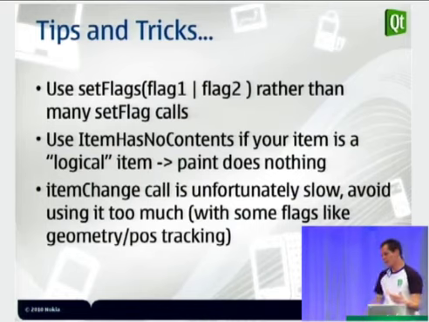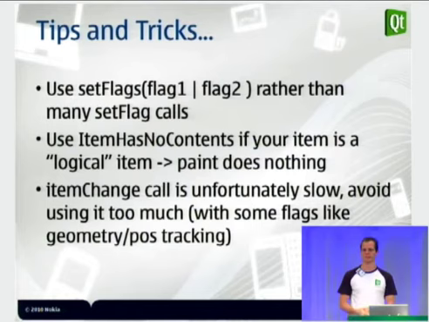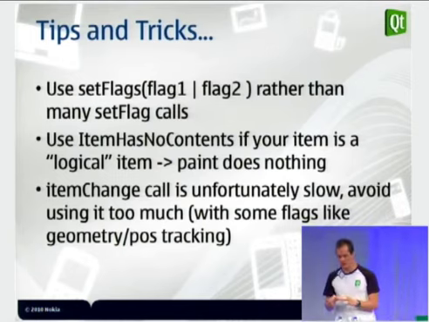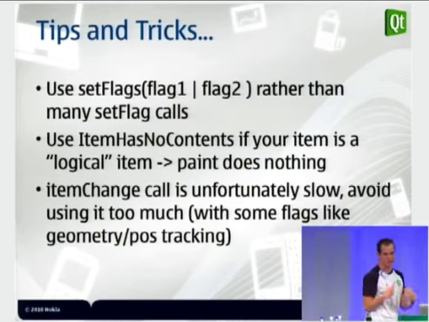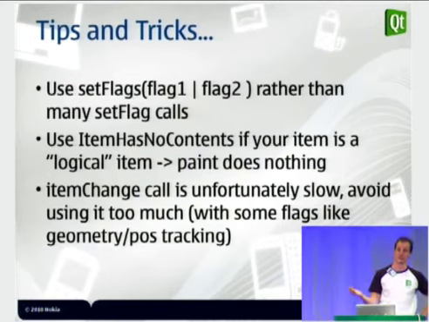Item change, so it's the notification thing I was explaining just before. Calling it is slow. Why? It's because you call item change with the changes that you have made on the item, and the value is a QVariant, which is actually what you changed on the item.